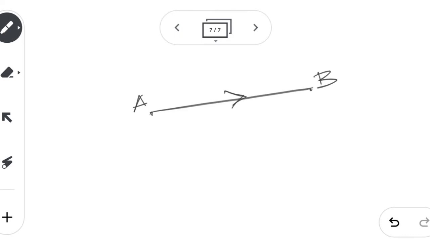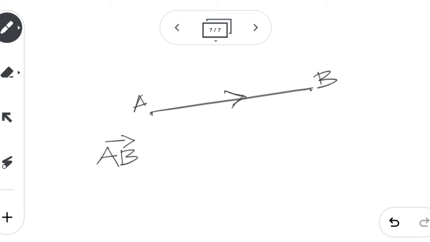Now we have a directed line segment AB here, with direction from A to B. This vector is denoted by vector AB, with an arrow symbol on the top.